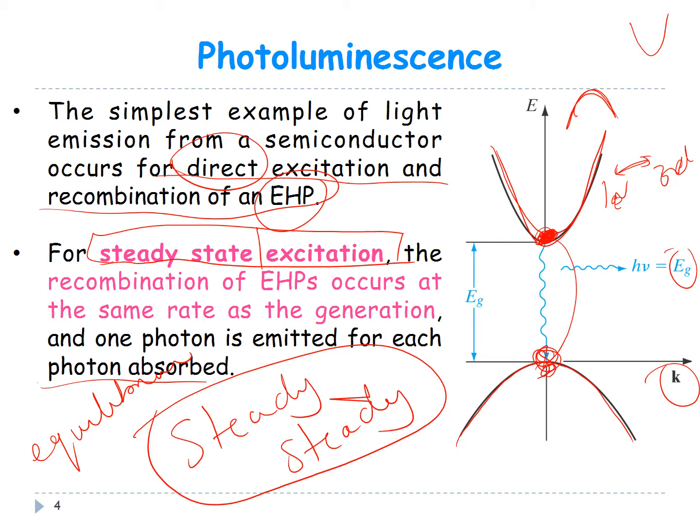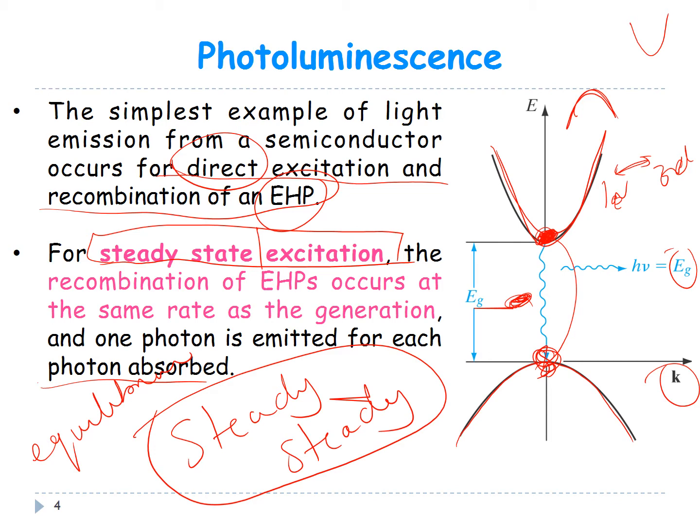But if the recombination is from a mid-gap state somewhere, then the energy is going to be very small for it to be in the visible range. So you might get infrared or some other kinds of emission. But if you really want to have the emission of visible light, then you need a direct gap semiconductor.